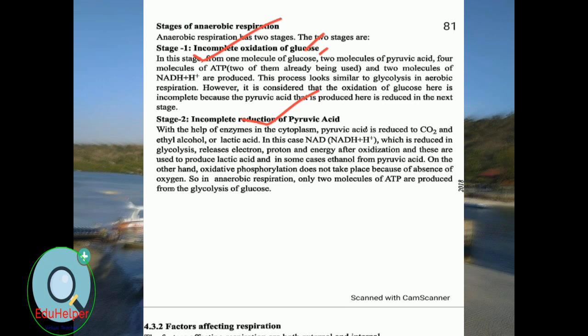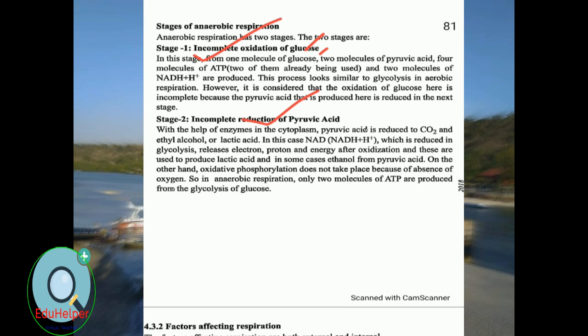In the absence of oxygen, pyruvic acid is oxidized incompletely. Here, various intermediate products are produced in different organisms. For example, bacteria produce lactic acid from glucose. On the other hand, yeast produces ethanol. Anaerobic oxidation is completed in 2 steps.